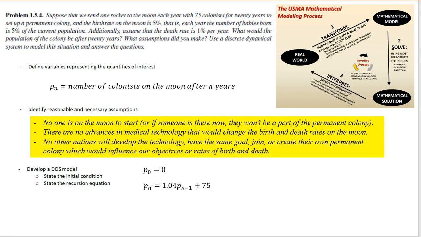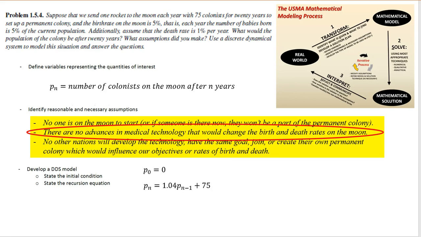When we conduct this sensitivity analysis, what if we changed our assumption that there were no medical advances in technology that would change the birth and death rates on the moon? What if we didn't know about lunar living, and the death rate wasn't quite 1%, but was closer to 0, and those colonists living on the moon extended their life?